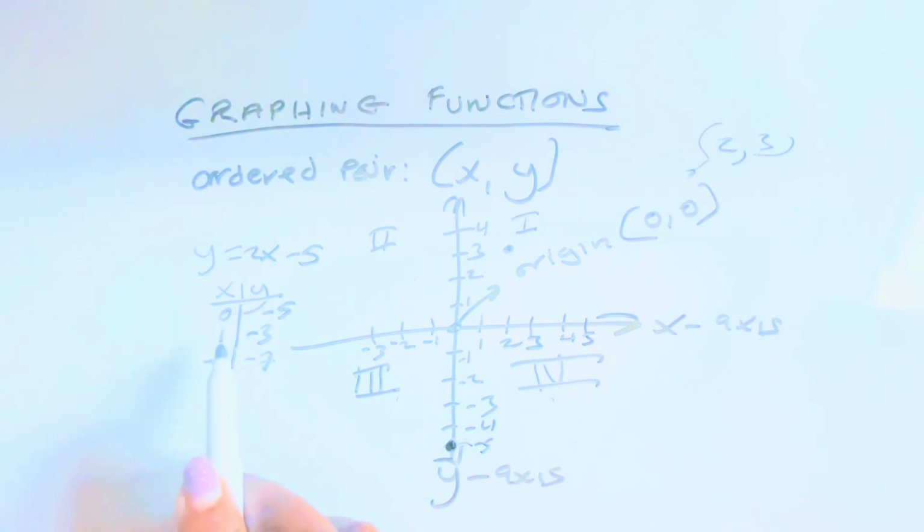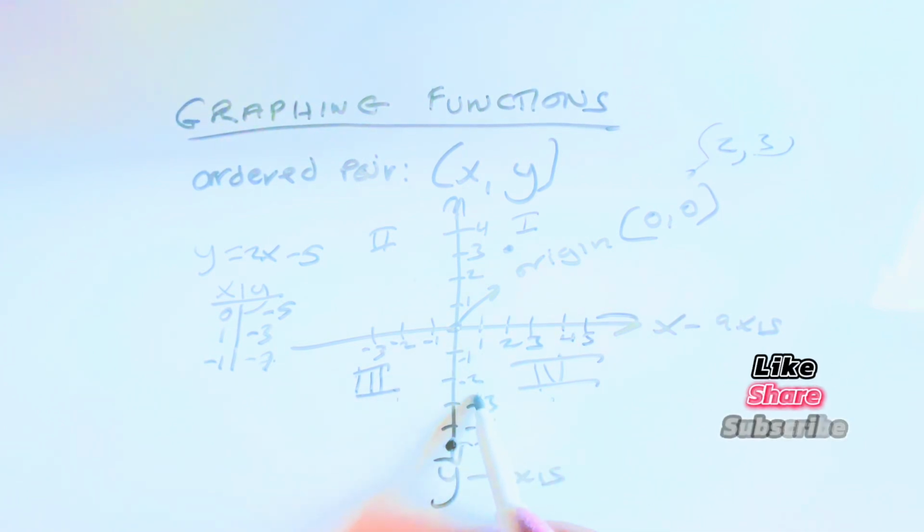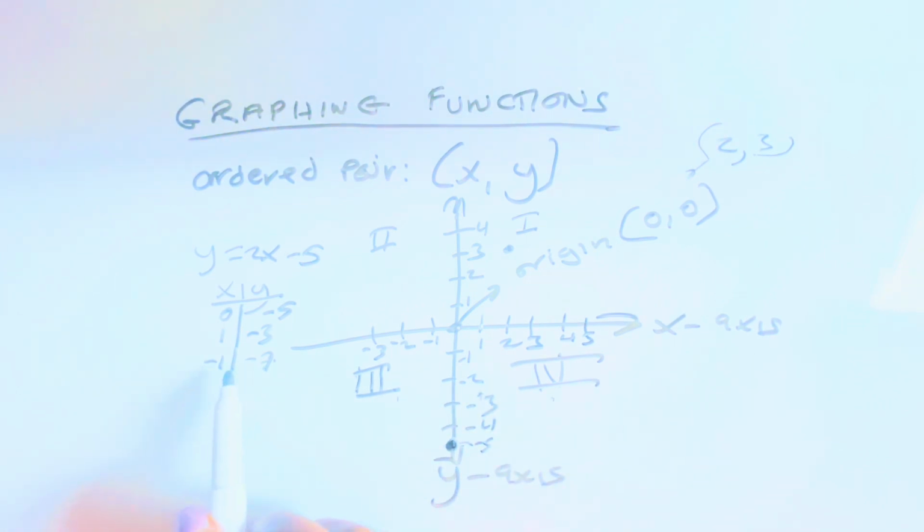That's our first point. Next point, we identify positive 1, then look up or down on the y-axis to find negative 3. So here will be negative 3. So it's 1, negative 3. And then the third point will be negative 1, negative 7. Identify negative 1 on the x-axis, then look up or down to find your y value.